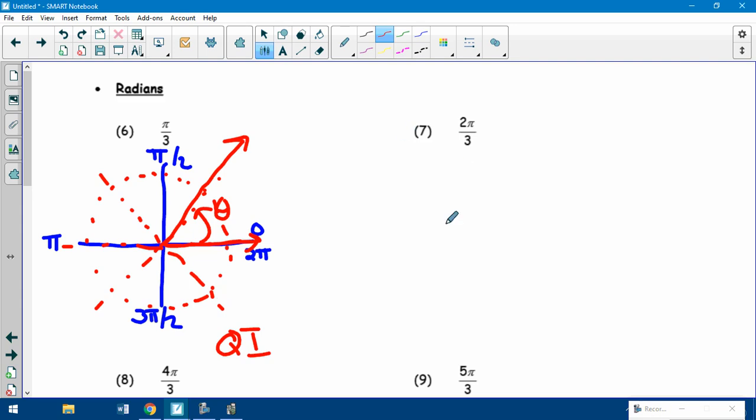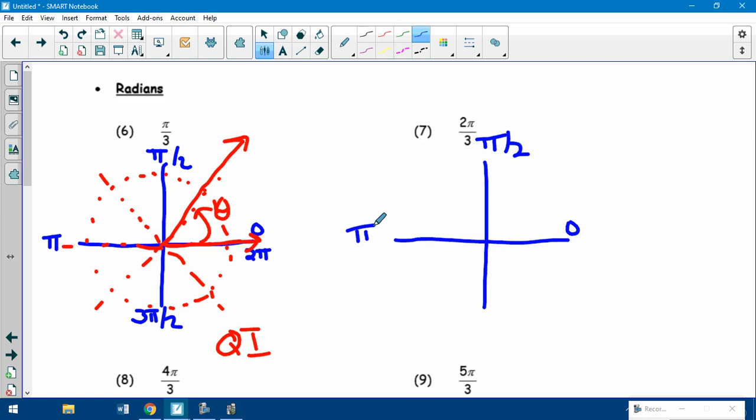So if you want to think about dividing it by pizza slices, that's one way to do it. So if I have 2 pi over 3, 0, pi over 2, pi, 3 pi over 2, 2 pi. 2 pi over 3 means you have these same pizza slices, 3 on top, 3 on the bottom. 2 pi over 3 means I would take 2 pizza slices, 1, 2, so you'd end up in quadrant 2.